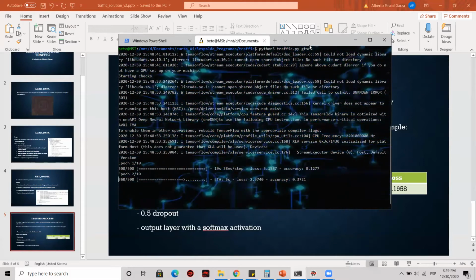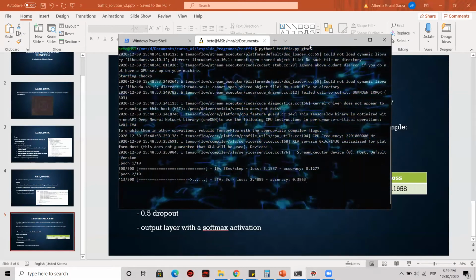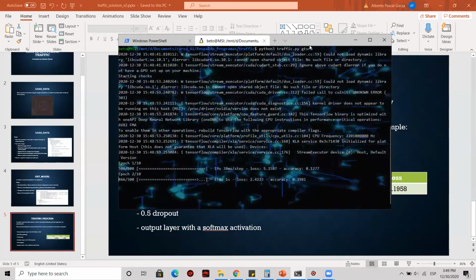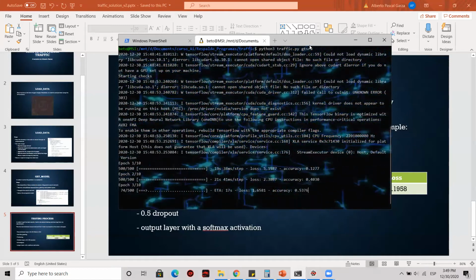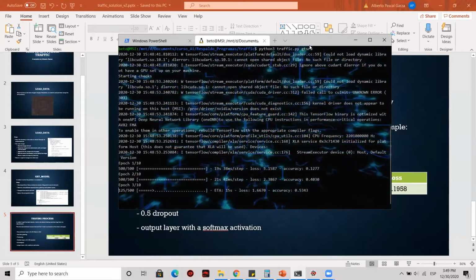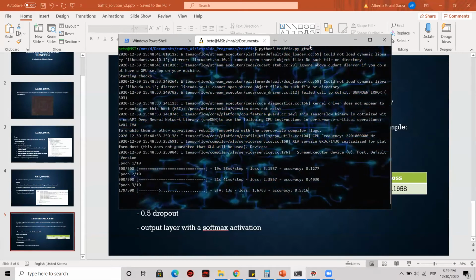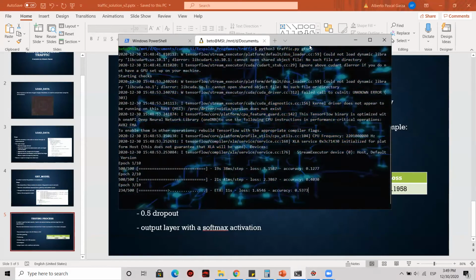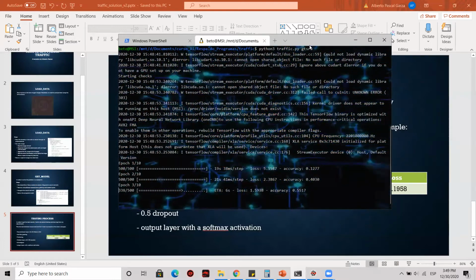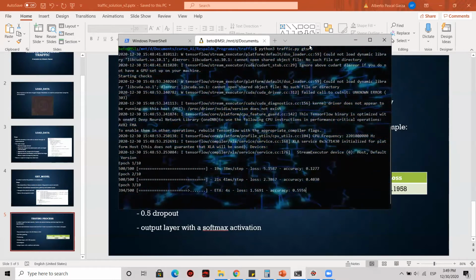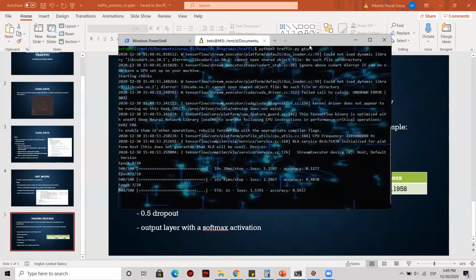So I then tried adding a second convolutional layer. I added a second hidden layer and a second max pooling layer, which bumped up my accuracy quite a bit. And from there, I started playing around with the dropout, and noticed that increasing the dropout too much or decreasing it too much was also not beneficial for my results.